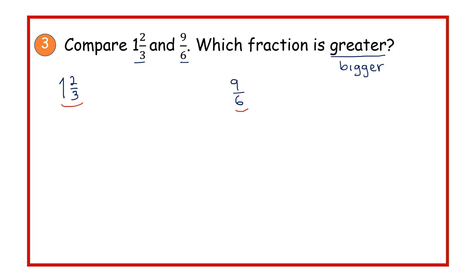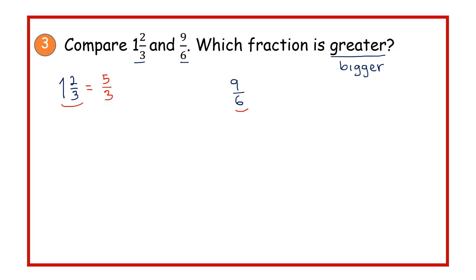Now, let us convert this mixed number to an improper fraction, such that we get 5 out of 3. Now we have got 5 out of 3 and 9 out of 6.